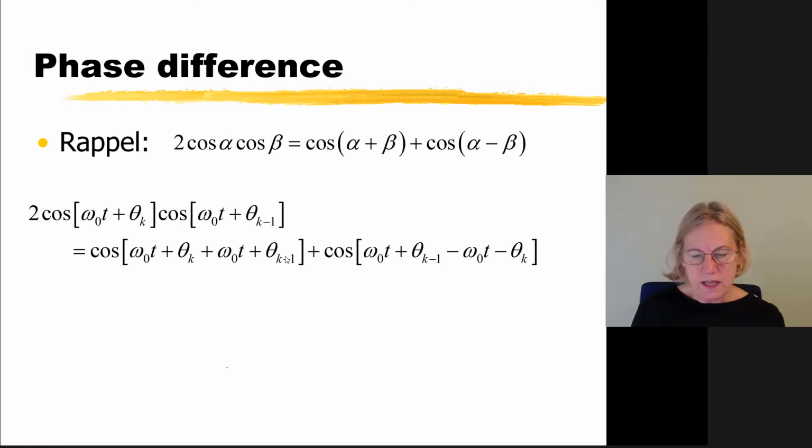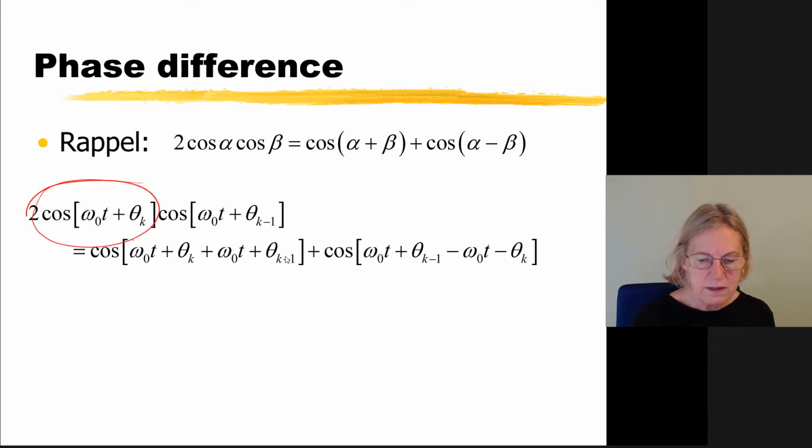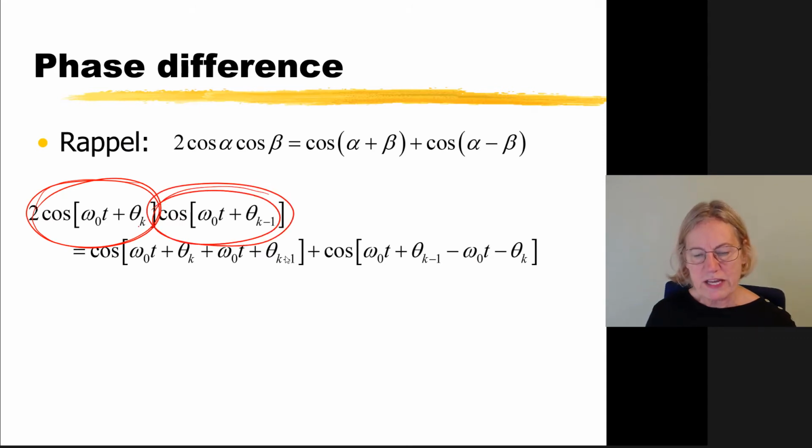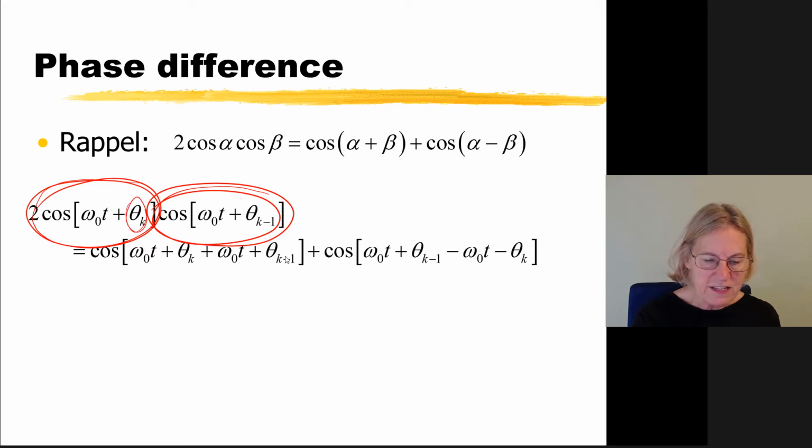So how does this work? Here is what comes in, right? And I said I had a delay. So I'm actually multiplying it with the information in the previous symbol interval. If the information is encoded in the phase, then here's the data at time k, and this is some other data at k minus 1.